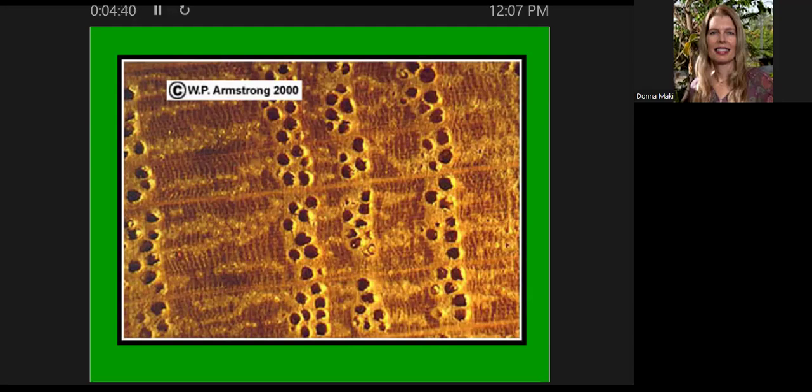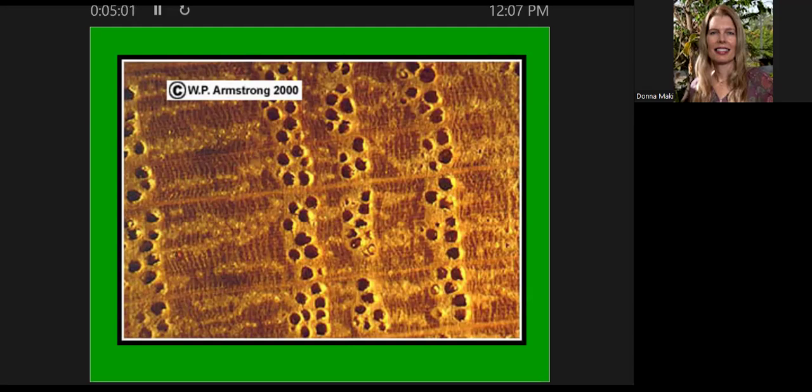So this growth ring, you can see, is much wider. So that must have been a good year for that sapling. It must have had lots of adequate water and minerals and enough sunlight. And so it has a nice growth period there. Whereas then you look at the next year, not so good.